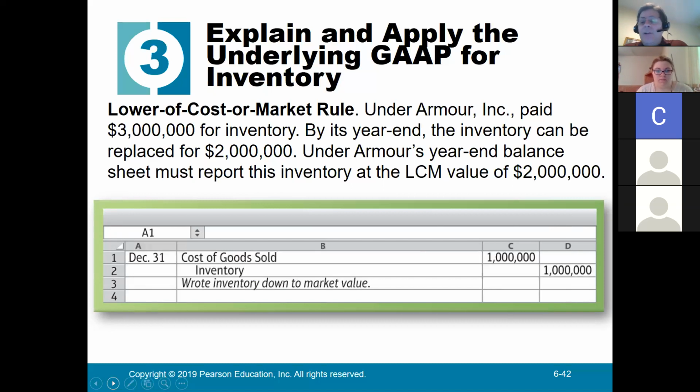So that looks, folks, like a sale, doesn't it? That's what we learned way back in slide 5 or whatever, that we do when we make a sale. But no sale was made. This inventory, we still have it. It's still stacked in the back. It's still on shelves somewhere. That's where it's tricky.